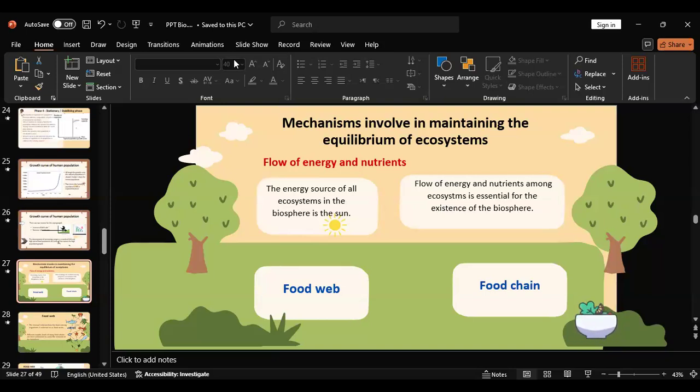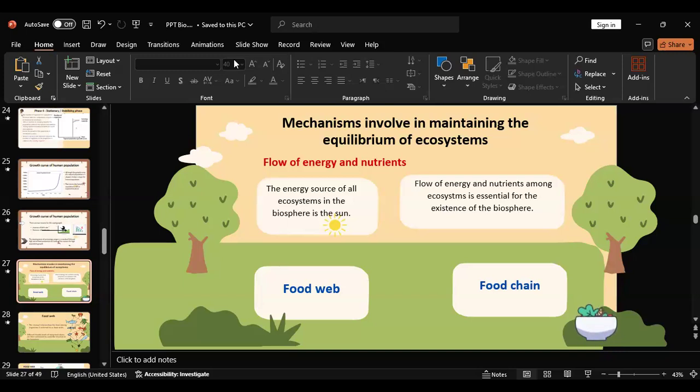For all kinds of reactions, the initial source will be the sun. So without the sun we can't live. The plants do photosynthesis by using the light, and all of us, including us, depend on the plants directly or indirectly.